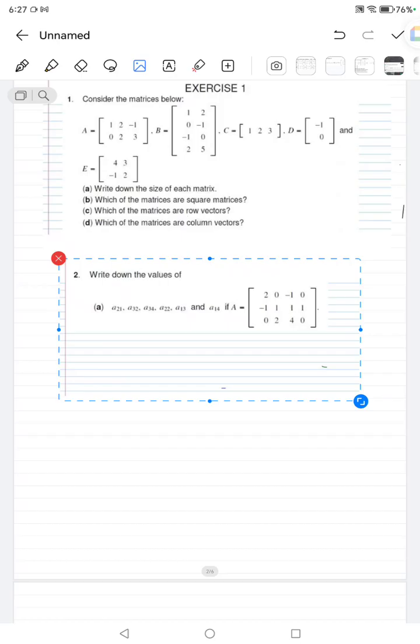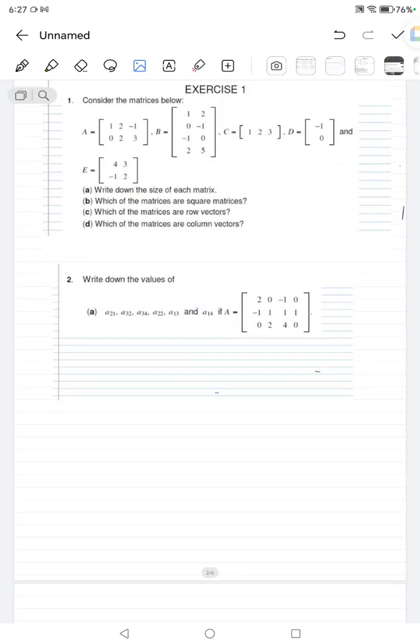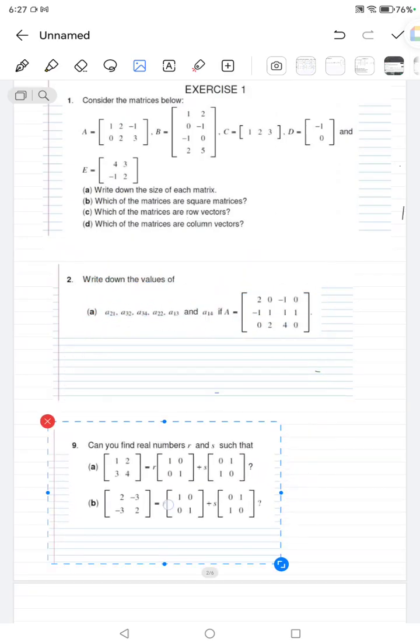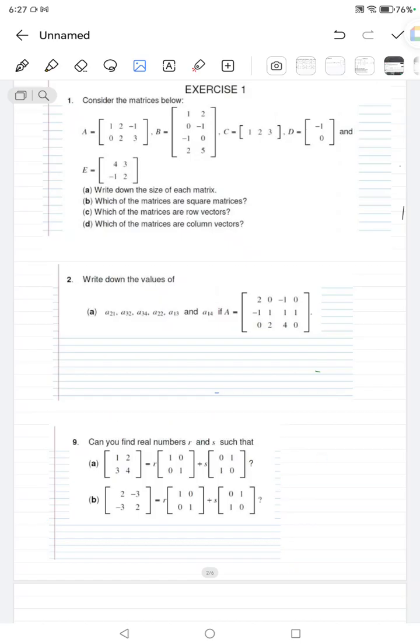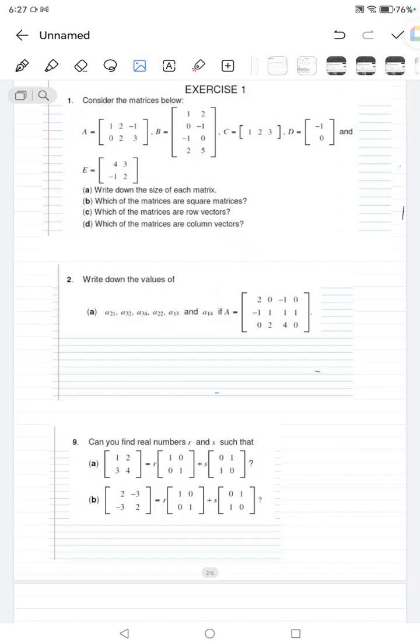This one we've done. Okay, let's just put it this side. Then moving on, we can put this one this side. Oh, not that one.